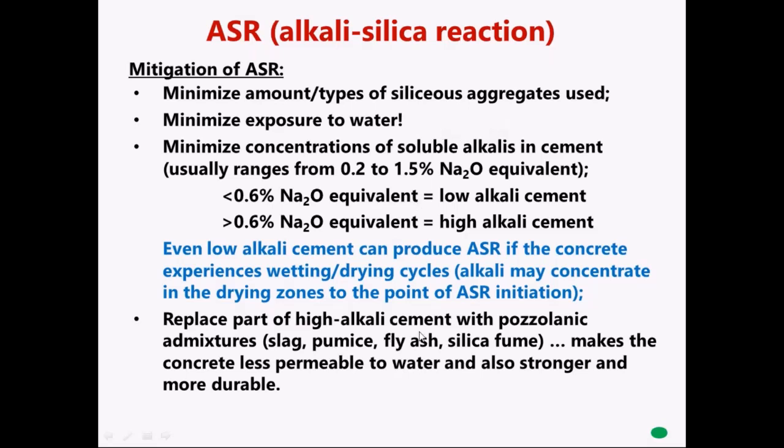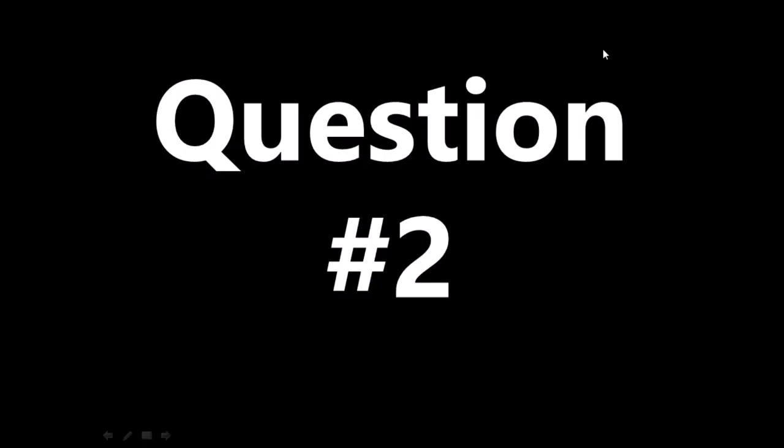If you're able to add pozzolanic admixtures, slag, pumice, fly ash, silica fume into your concrete to offset that trifecta of chemistry that makes ASR. So there are some ways to try to mitigate the problem. I've seen concrete that's 100 years old that has no ASR, and I've seen concrete that's 3 years old that has it. So yeah, anyway, that's about the best you can do.